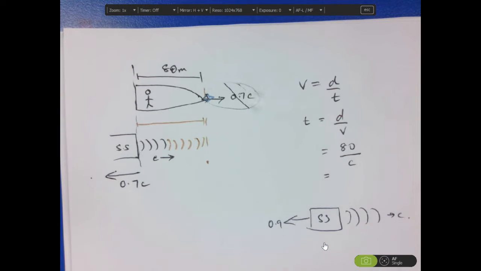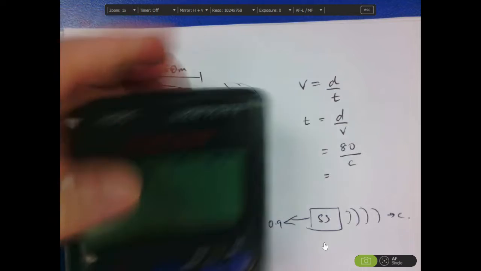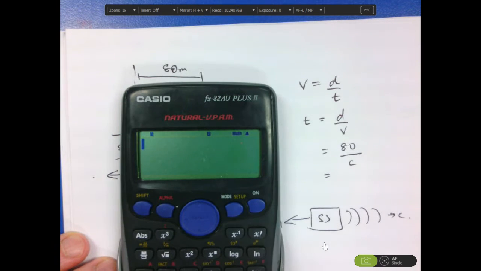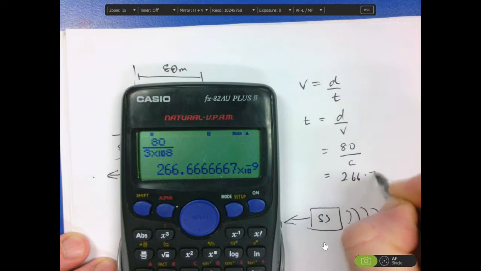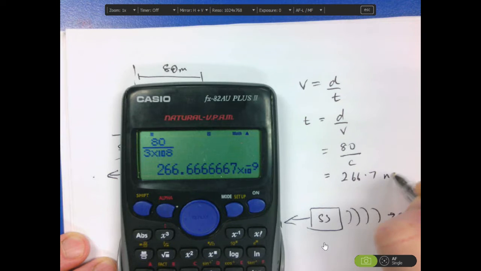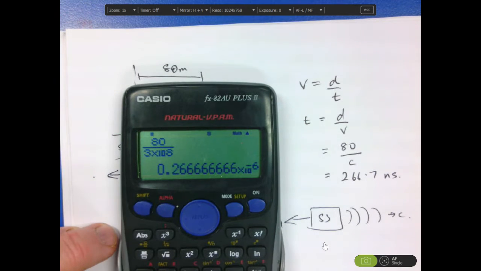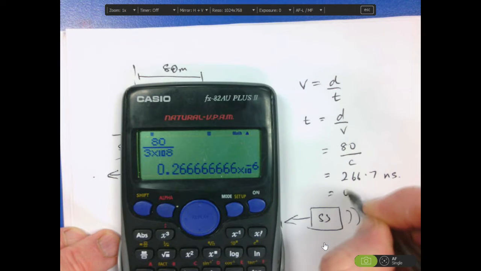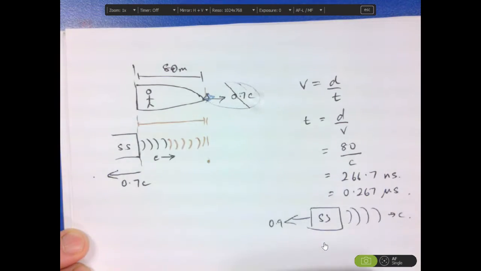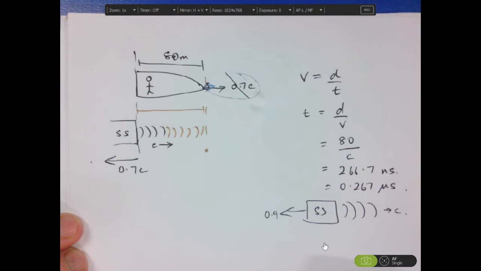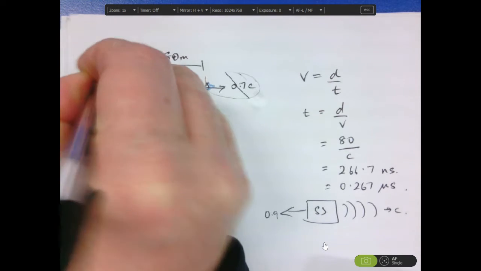So that's 80 over 3 exponent 8, and that is 266.7 nanoseconds, or put that into microseconds, it's 0.267 microseconds. Okay, so that's for D.